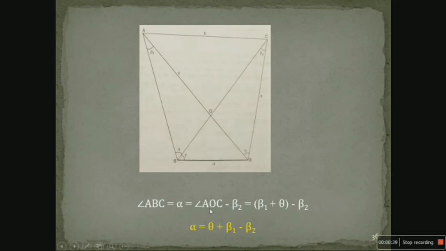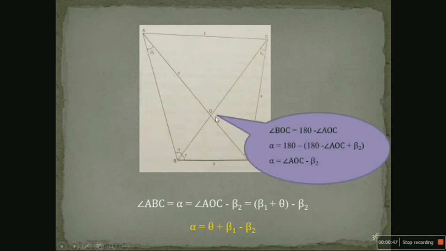Then we have to discuss how the alpha value is equal to angle AOC minus beta 2. Just observe this angle here. Suppose this is a straight line. The angle from this side to this side is 180 degrees. Suppose this angle is angle O, or angle AOC. So this angle should be 180 minus this much angle.